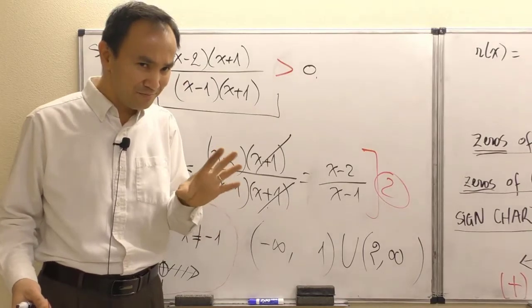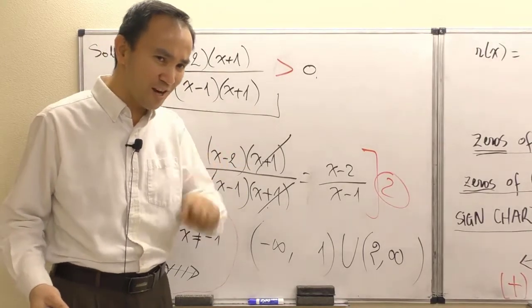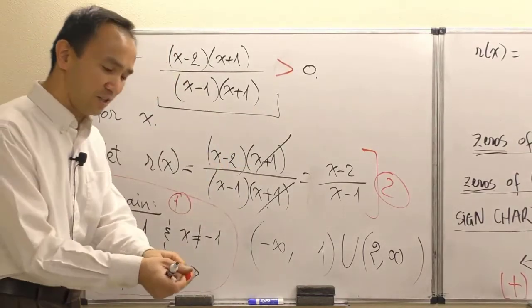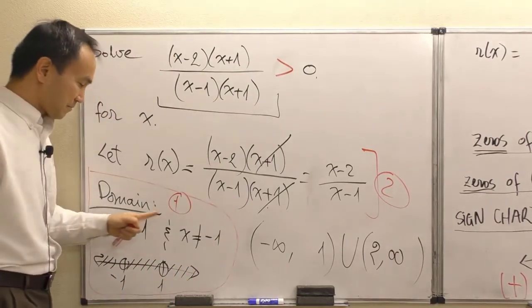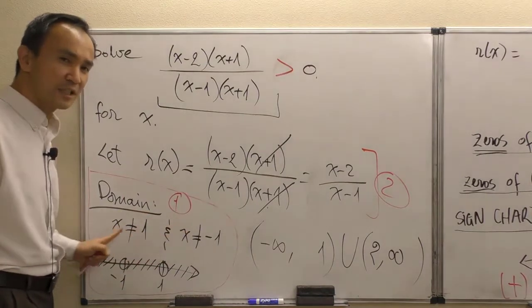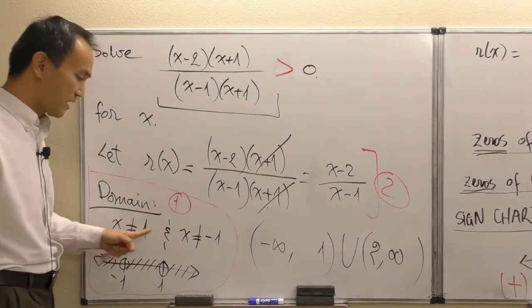But there are some extra details that we now have to bring in. That's why our awareness of the problem counts a lot. We have to constantly exclude these values, x equals 1 and x equals negative 1.